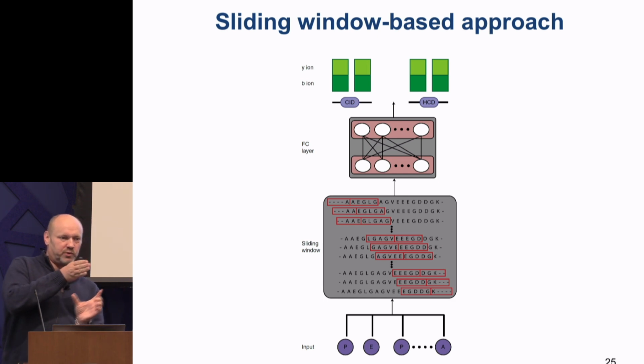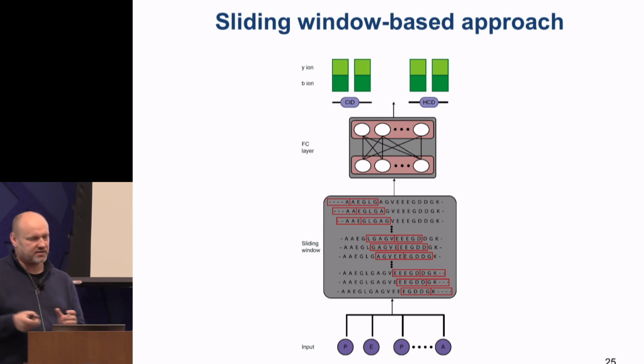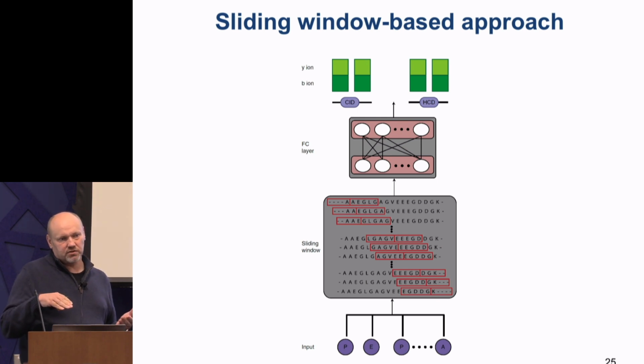Then we move the window along the peptide and predict intensity one by one. This can be put into a fixed length representation, so we just use a fully connected two hidden layer neural network to do the regression on these.